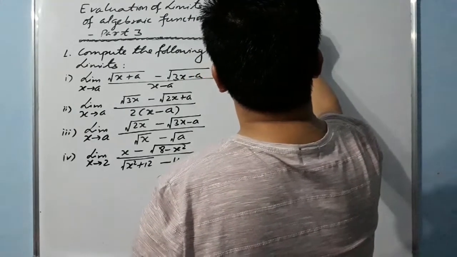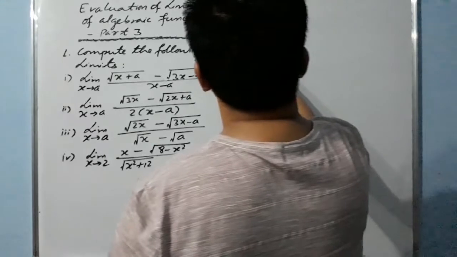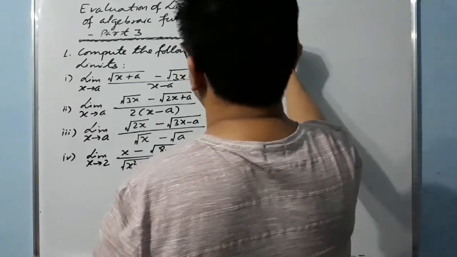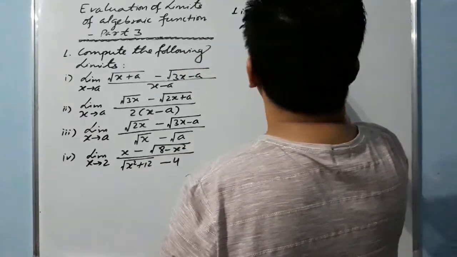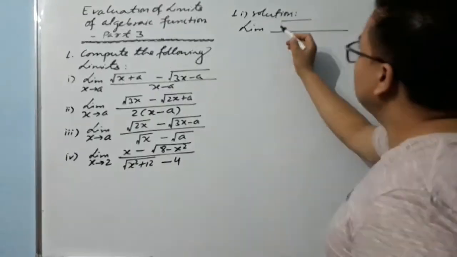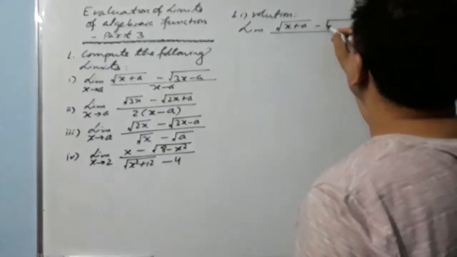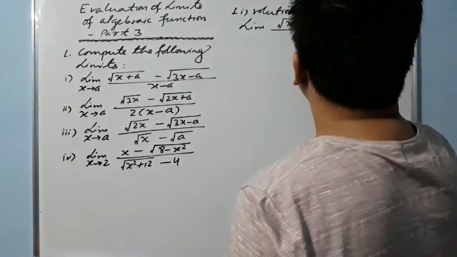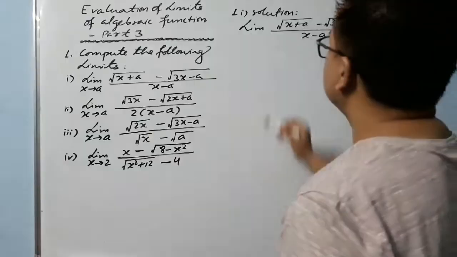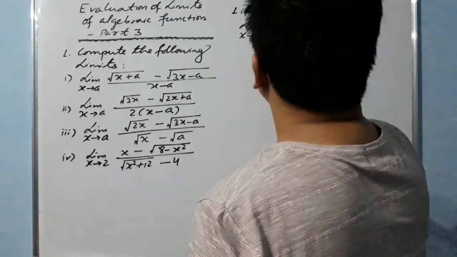Solution. Limit of under root x plus a minus under root of 3x minus a, whole upon x minus a, as x tends to a.